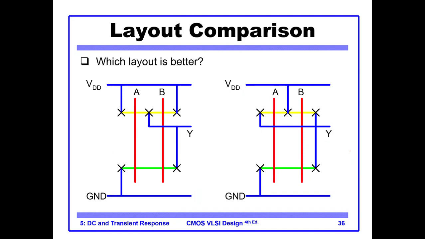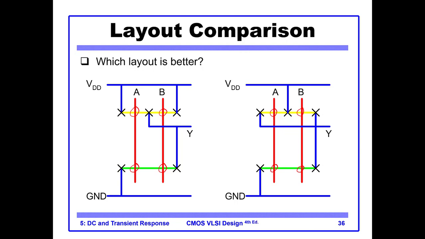with these two layouts. So these are the stick diagrams, and what are these? Basically, it is a two-input NAND gate, because here we have a PMOS, here we have a PMOS, here we have an NMOS and NMOS. These two NMOS are in series. The above two PMOS are in parallel. Again, on this side also we have a PMOS, an NMOS, and NMOS.